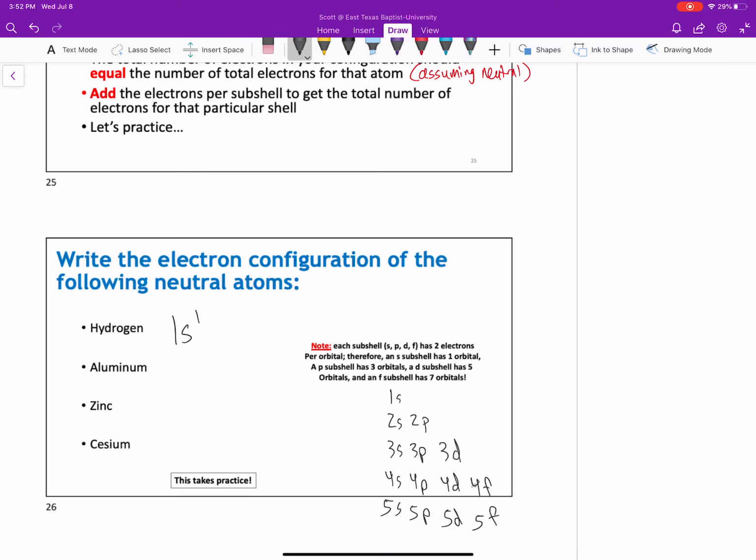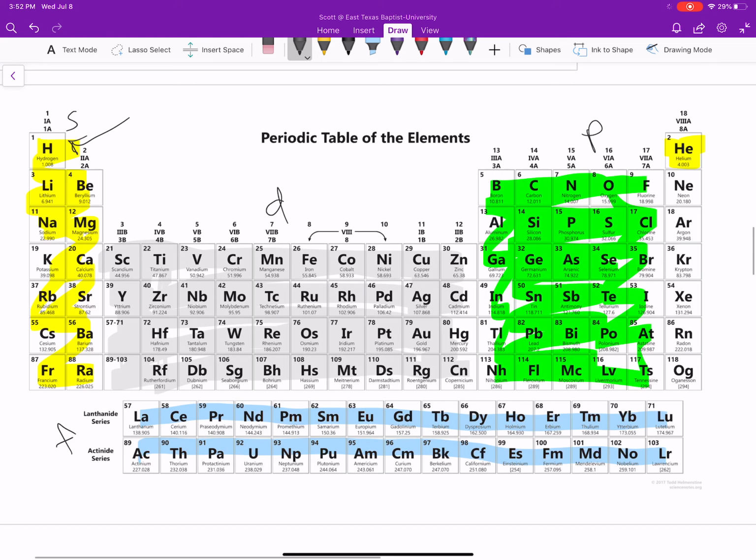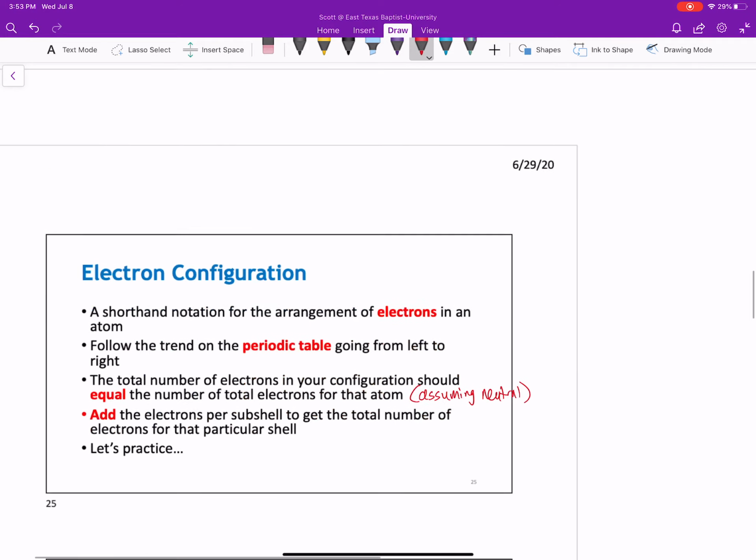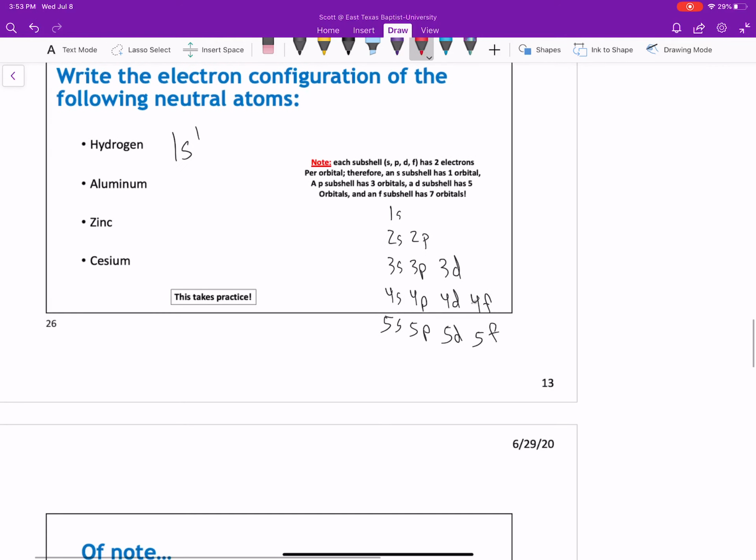But whenever you get to aluminum, it gets a little bit more complicated. Okay, now aluminum is right here. It's number 13. And so I'm going to show you to do aluminum using our trick. We just need to do it until we get to 13. So we go through with the 1s, and that should give us 2 because S subshells can only hold 2 electrons.